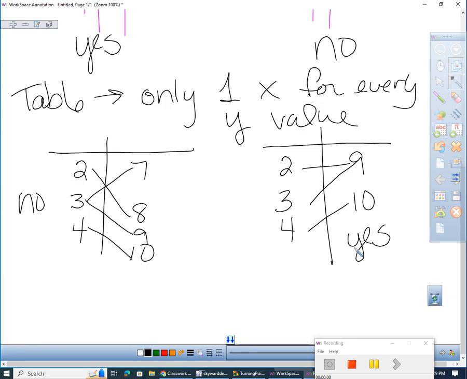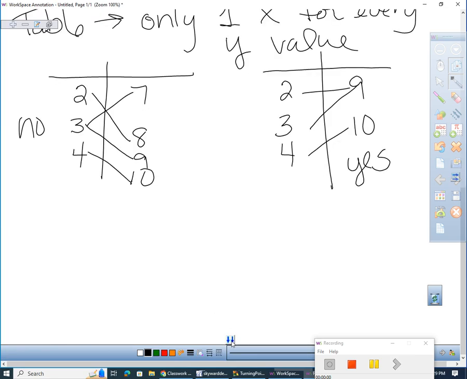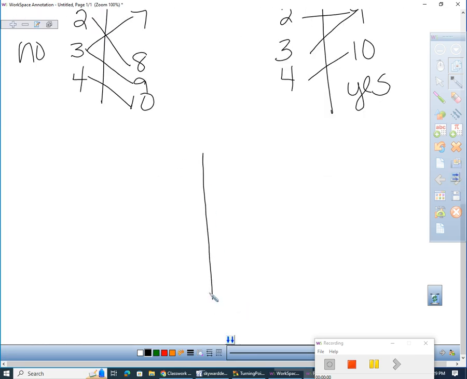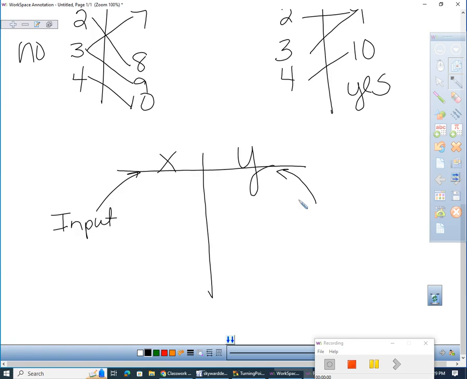All right, so real quick, when we have a table, start with that. The left-hand side is our x value. The right-hand side is our y value. We have other words we use for x. Right? We can call this side the input, which means if that's the input, this side is the output. Very good. We can call this side our independent.